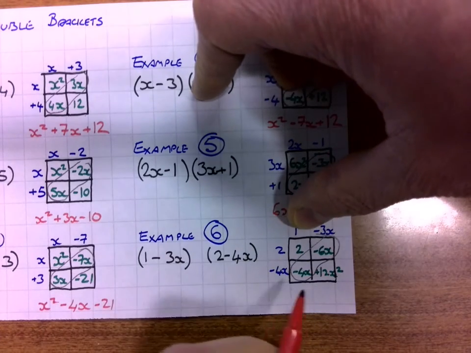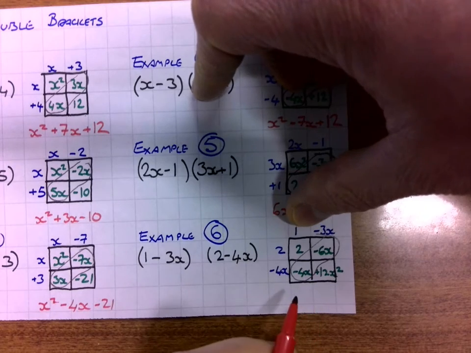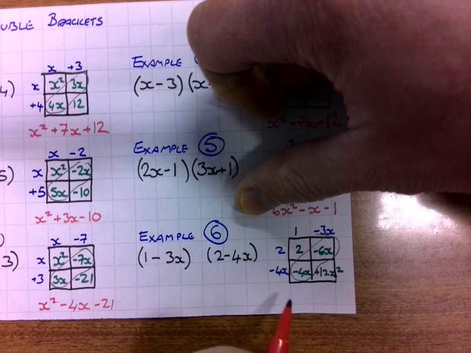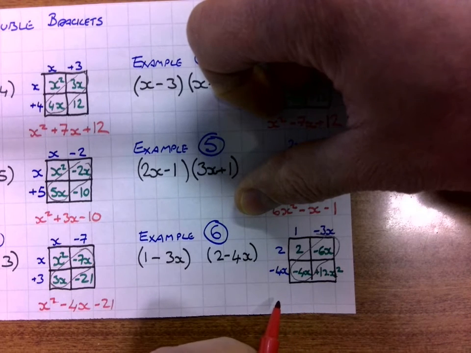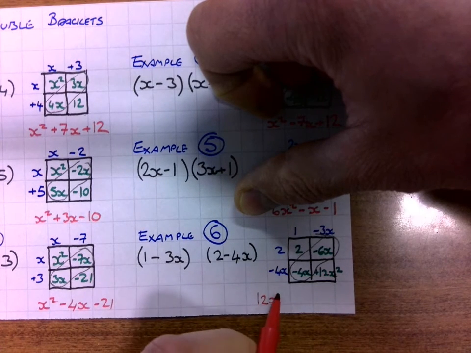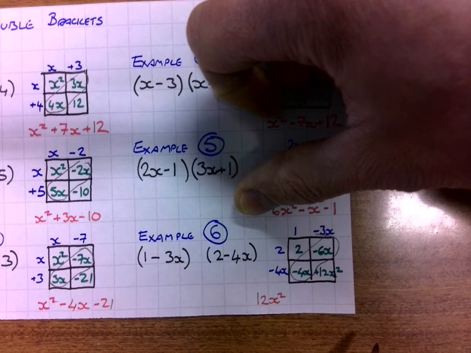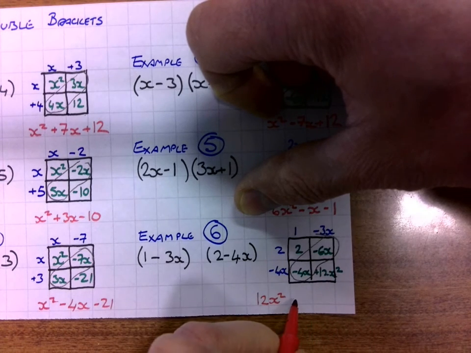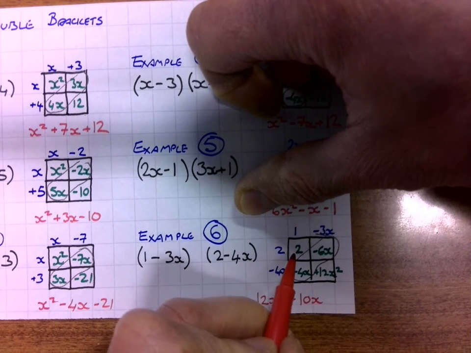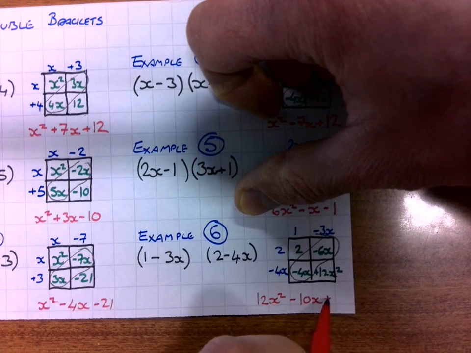Now it's slightly back to front in terms of the way we're going to bring this together. The way we write quadratics is with the x squared at the front. So I've got 12x squareds. Now I want the x's on their own, so I've got minus 6x's and minus 4x's is minus 10x's, and I've just got the 2 on its own. Okay.